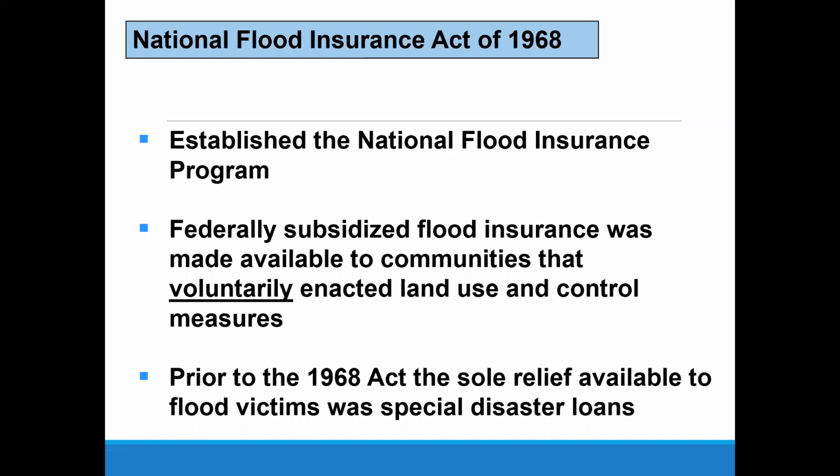This cost a lot of money, of course, for disaster assistance. After Hurricane Agnes, they passed a law for a mandatory purchase requirement if you have a federally backed mortgage and you're in the special flood hazard area. We still have this law today. The average FEMA individual assistance payout is $5,000 and the average flood insurance claim is about $30,000.